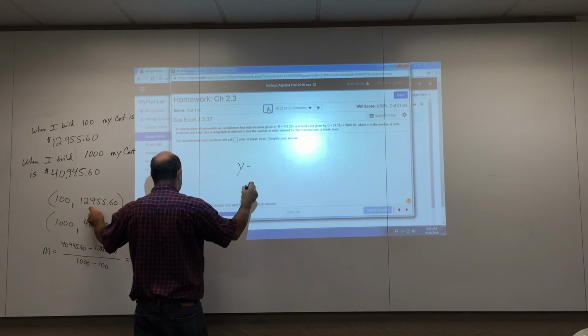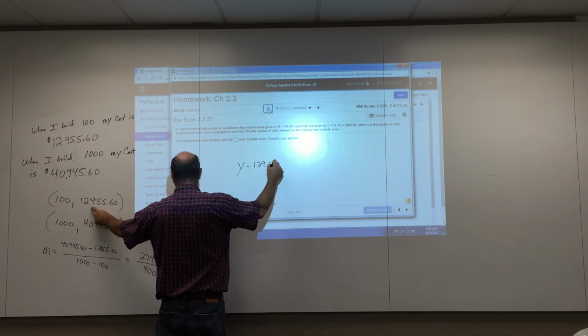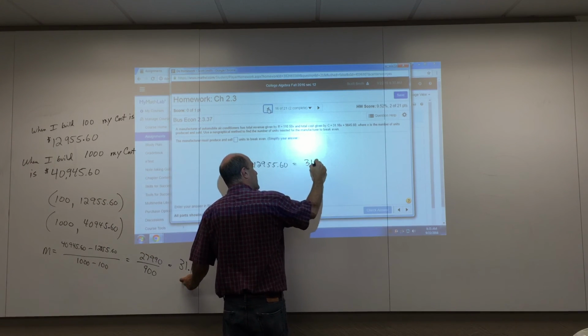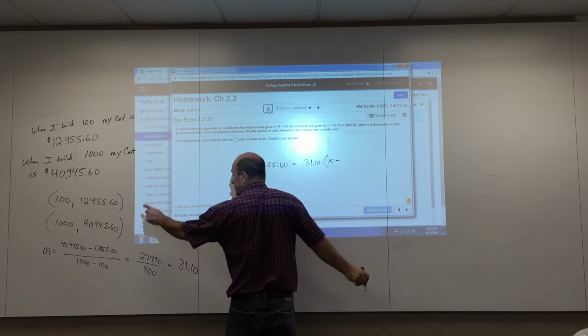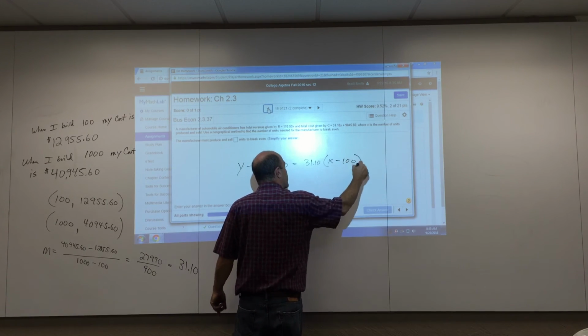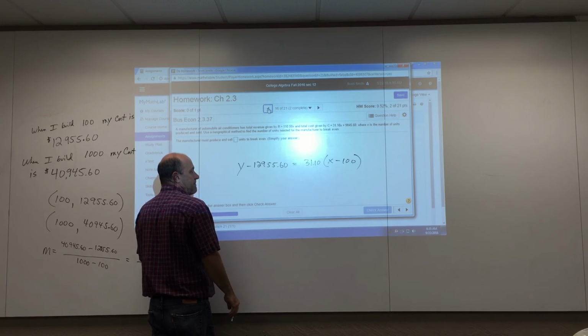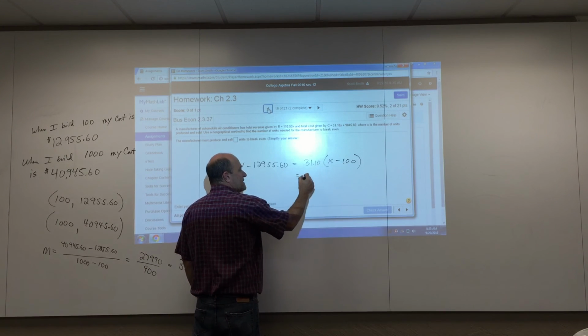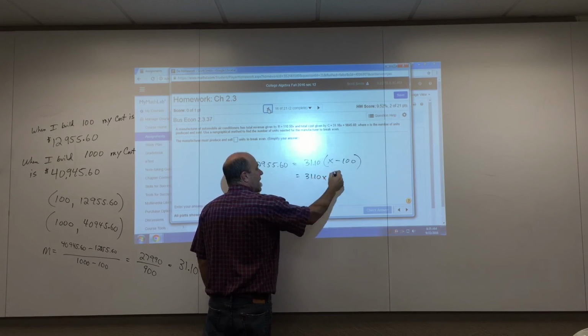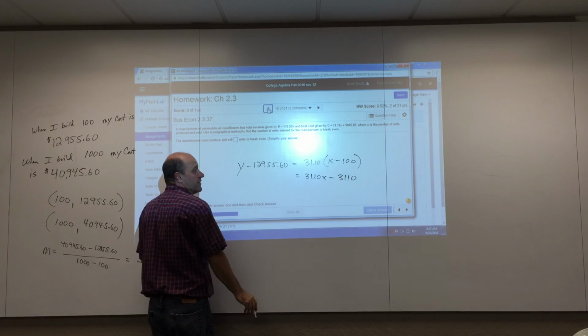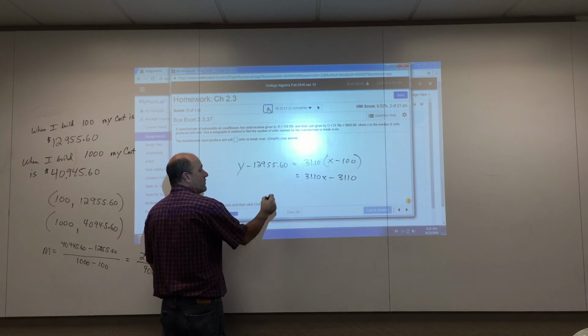Y minus, I'm going to use this y value, equals the slope, 31.10, times x minus that x value. And I'll get the cost equation. I'll distribute the 31.10, and I'll multiply by 100. When you multiply by 100, the decimal moves over.